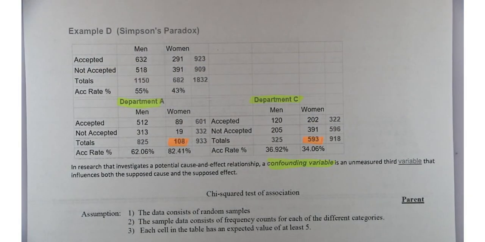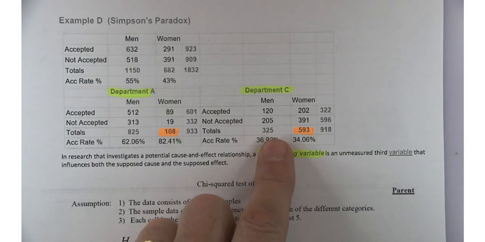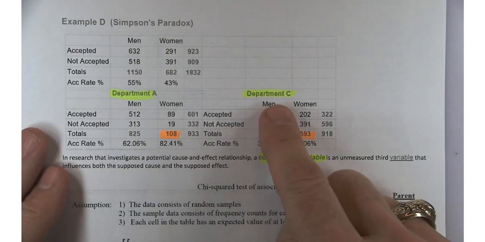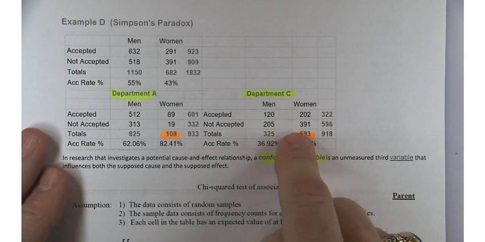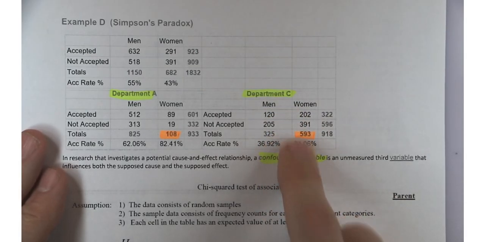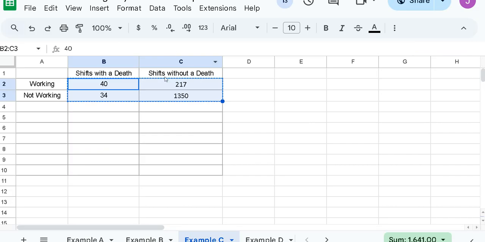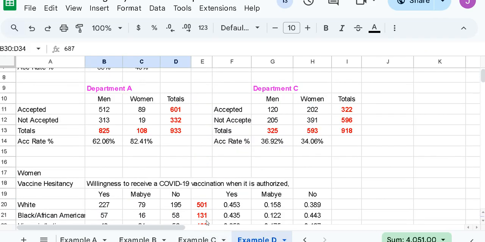Now, Nicole, I somehow feel obligated to give you an example that doesn't work. My guess is that if you looked at acceptance and gender in this case, I don't think there's going to be any significance here. I think we're going to have a high p-value, but let's find out. Example D. Here we go.